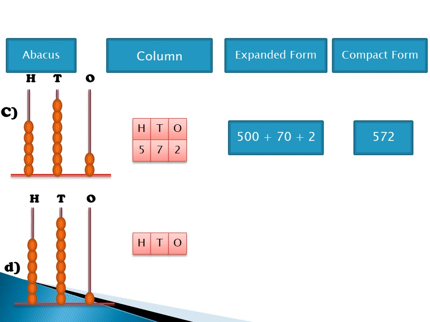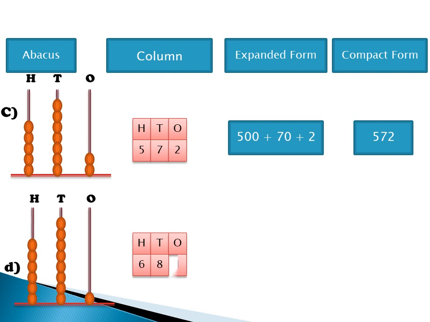Let's write down how many beads are there in hundreds place. Let's count. 1, 2, 3, 4, 5, 6. So let's write down 6 in hundreds place. Now let's count the beads in tens place. 1, 2, 3, 4, 5, 6, 7, 8. Yes, 8 in tens place. And now let's count in ones place.